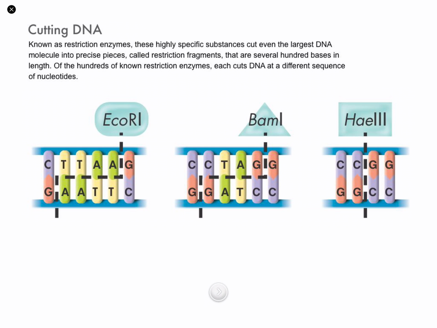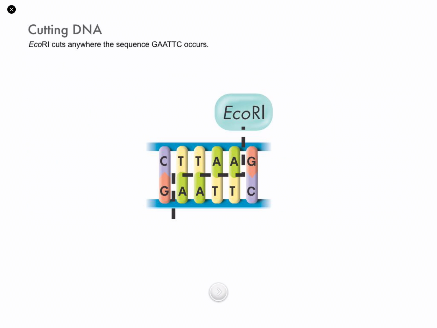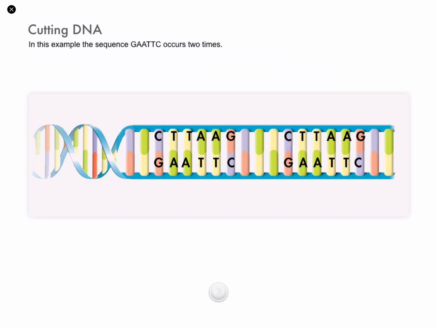Of the hundreds of known restriction enzymes, each cuts DNA at a specific sequence of nucleotides. EcoRI cuts anywhere the sequence GAATTC occurs. In this example, the sequence GAATTC occurs 2 times.